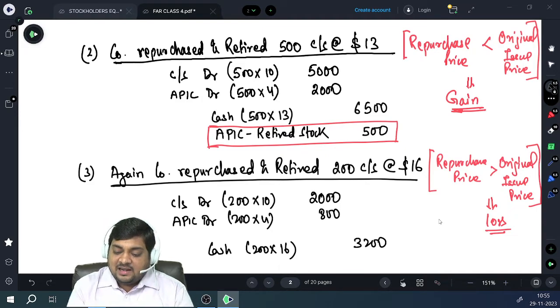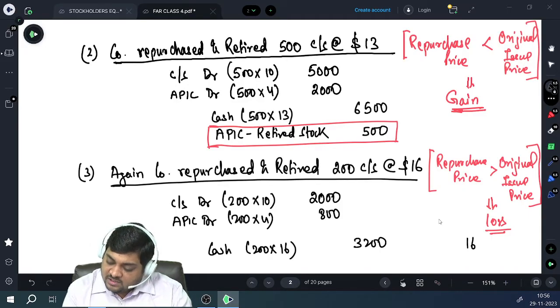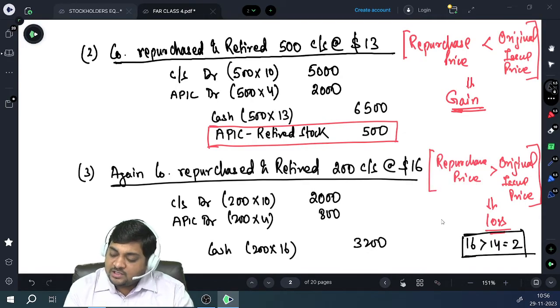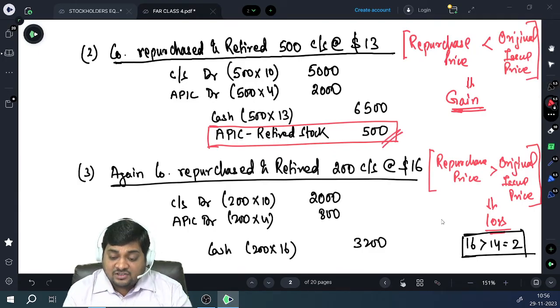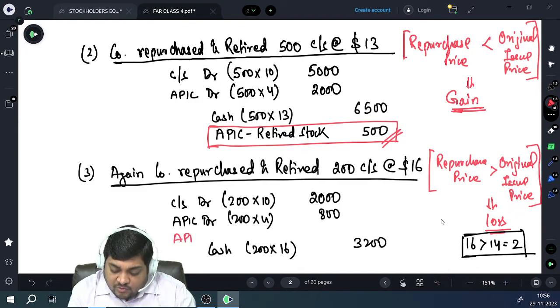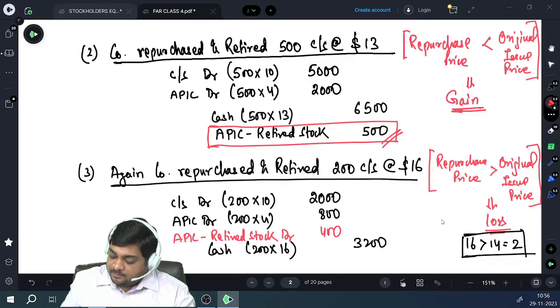Now you can easily see that 3200 is the amount paid, the repurchase price, and 2800 is the original issue price, right? So we have a loss of 2. 16 is greater than 14, so loss is 2. So 2 into 200 is 400. Fine, no problem. So you have 500 credit in additional paid in capital retired stock. So you will debit 400, no problem.